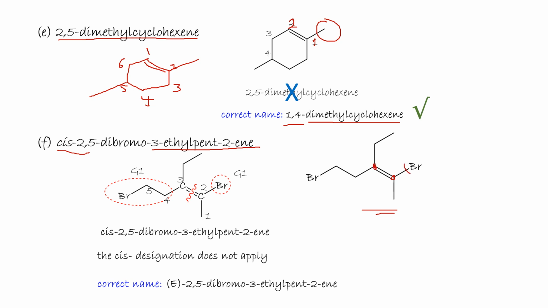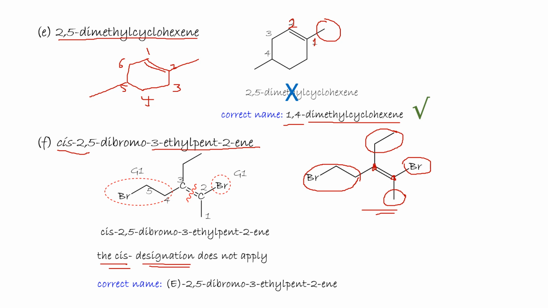Here is Br, here is CH3, here is ethyl, here is bromoethyl. There are no two identical groups on this carbon and that carbon. So we cannot use cis designation for naming. We cannot apply it.